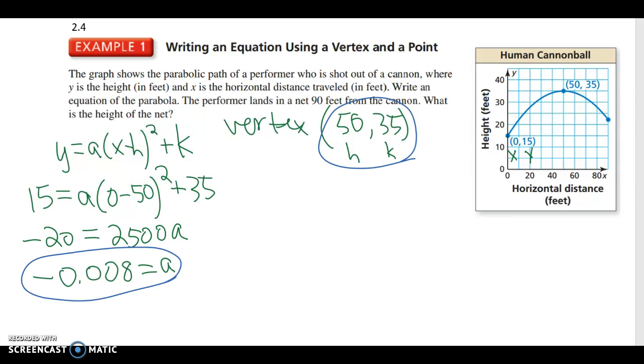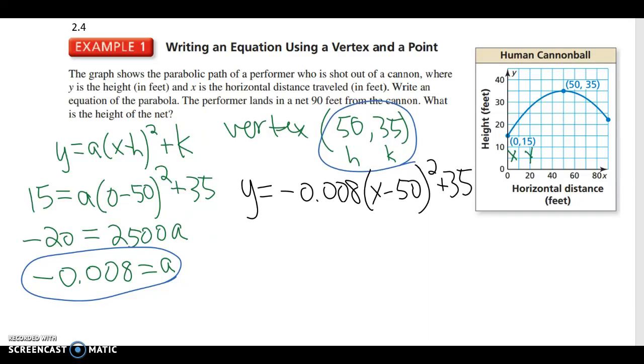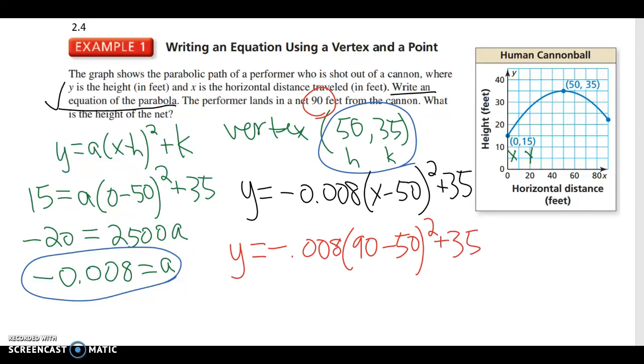Now that I have A, H, and K, I can write my formula to be y = -0.008(x - 50)^2 + 35. And the last step is to take 90 feet and plug that in for my x and solve for y. So go ahead and calculate that value.